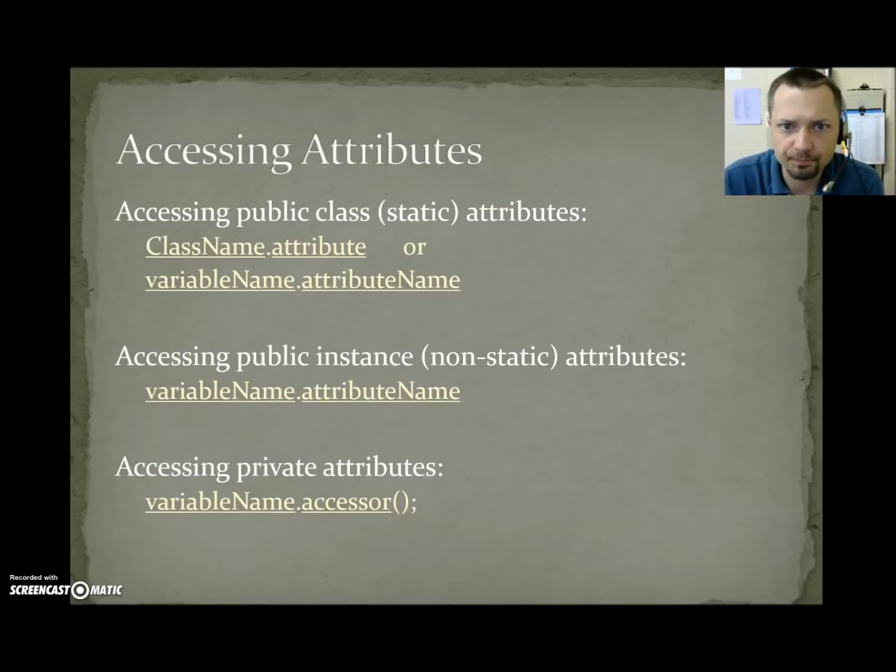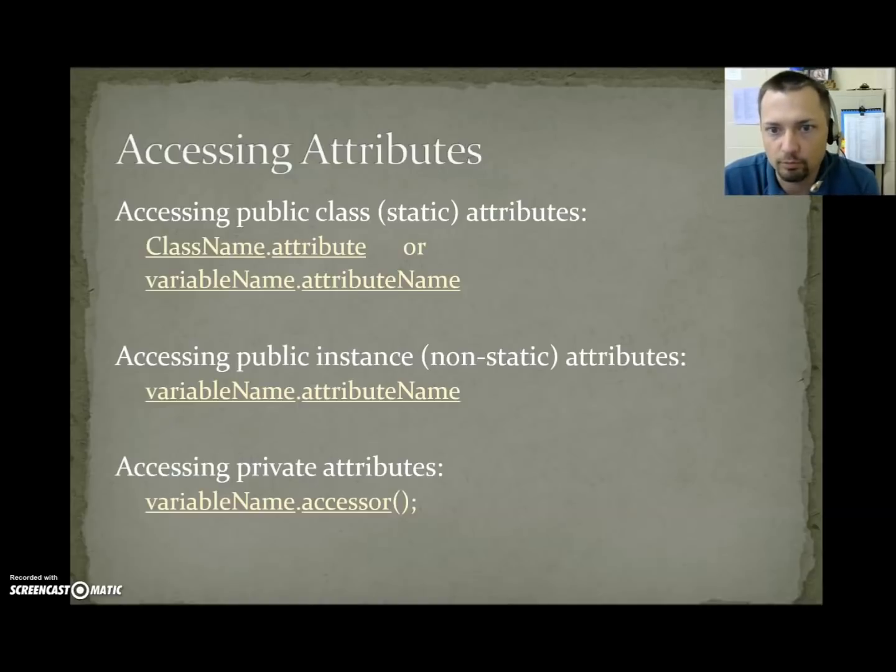Accessing attributes. If you have a public class or static attribute, you can access it either by saying the name of the class.attribute, like Math.PI, or we can access the attribute by saying a particular instance of the class.attribute.